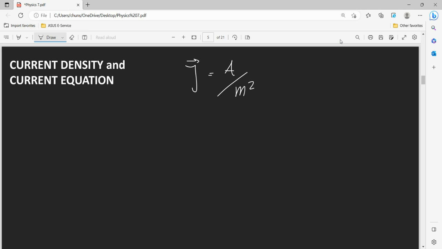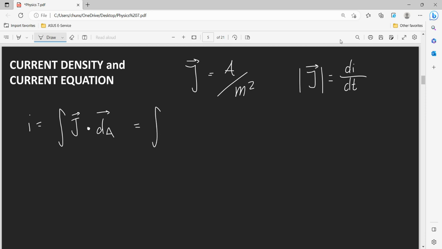And in this, our current density is equal to our time derivative of current. In that similar vein, we can say that our current is equal to the dot product of J times dA, which is equal to the integral of J times dA, as just magnitudes times cos theta.